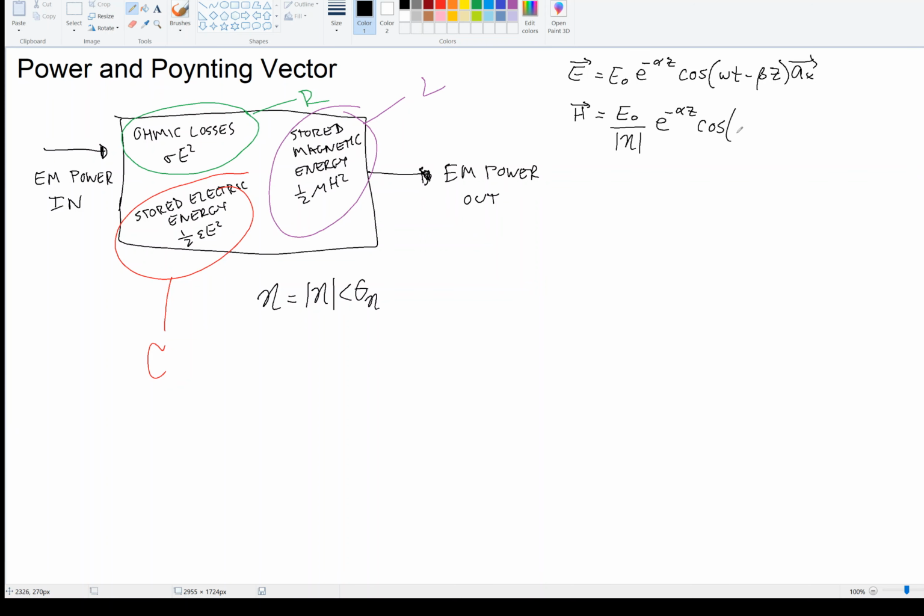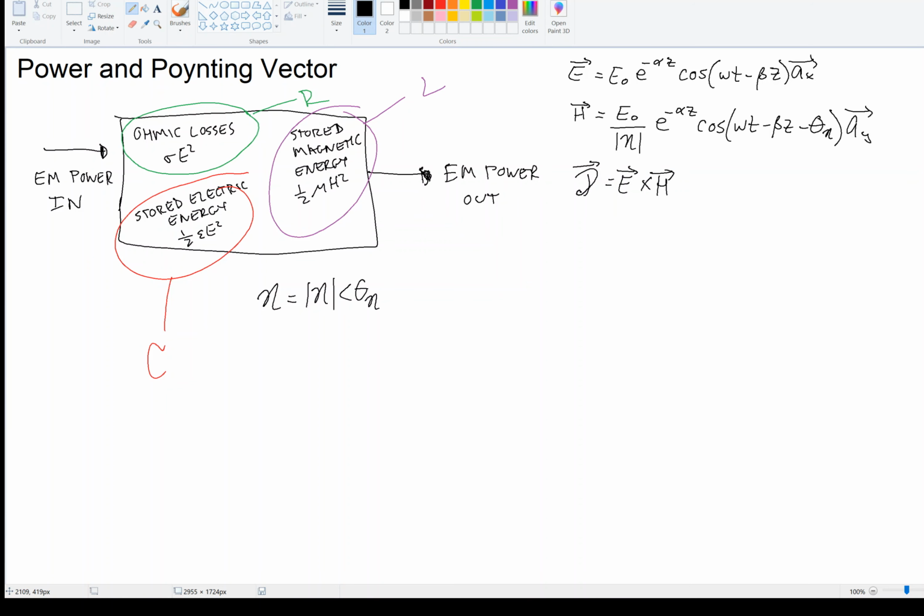And then the phase of the wave changes by the phase of the complex number, the intrinsic impedance. And we know that it must point in the y direction, which we've been over many times. Now the Poynting vector, there's my script P, that's a really bad script P, is E cross H.